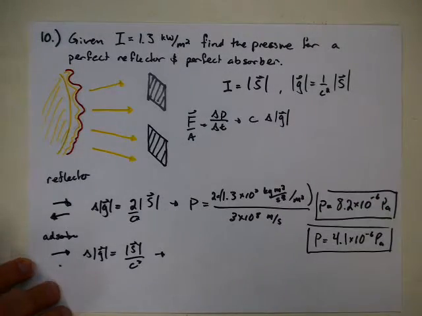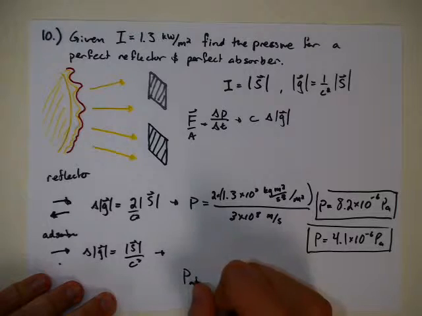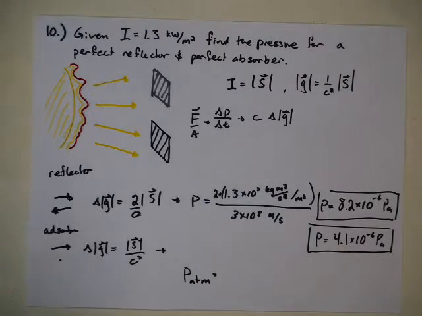The final thing we're asked to do is to compare this to atmospheric pressure, and I generally don't remember atmospheric pressure. I think atmospheric pressure is like 10 to the 5th pascals or something like that.